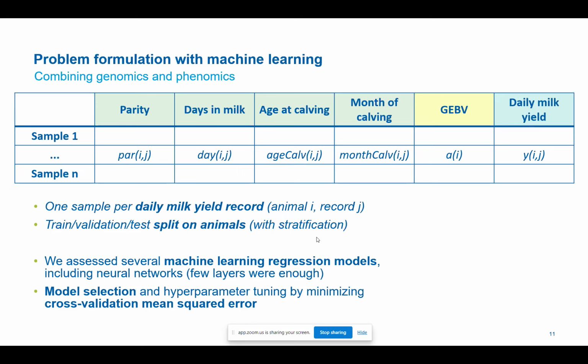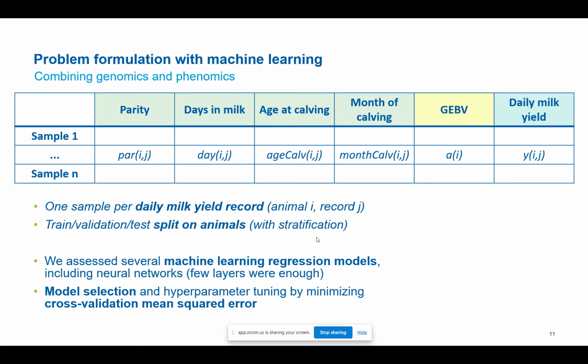Suppose you have some newborn calves. What the breeder wants to know is what will be the production of these newborn calves, for which I never had the production data. If you already had production data, you could use that data to infer what will be the production in, let's say, the next lactation.